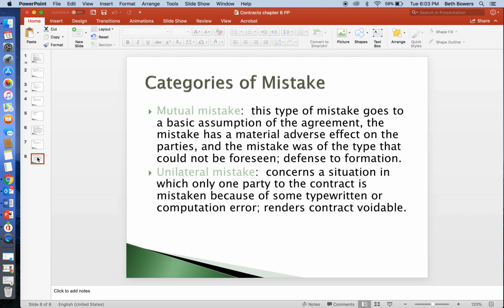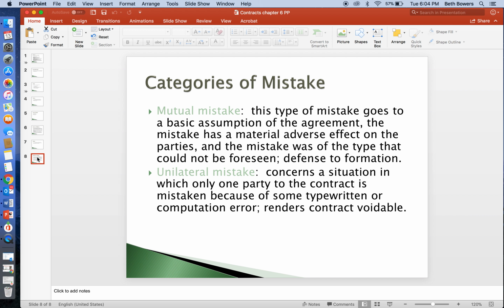A mutual mistake is one that goes to a basic assumption of the agreement, it has a material adverse effect on the parties, and it was the type that could not be foreseen. So this means all of the parties to the contract are mistaken as to this critical part of the contract.